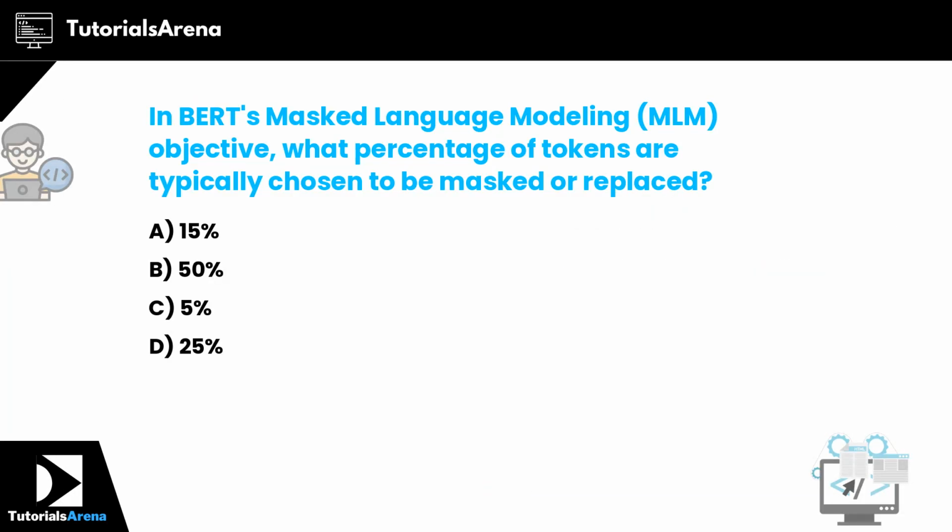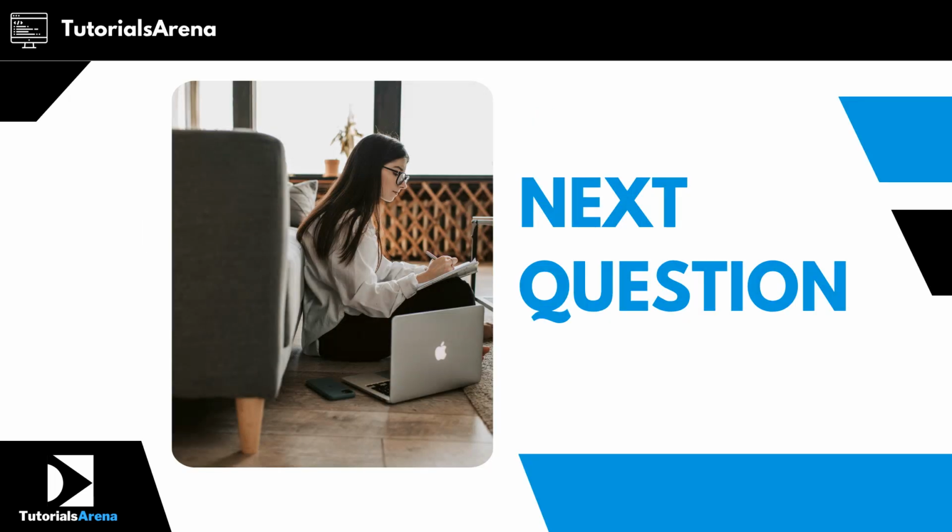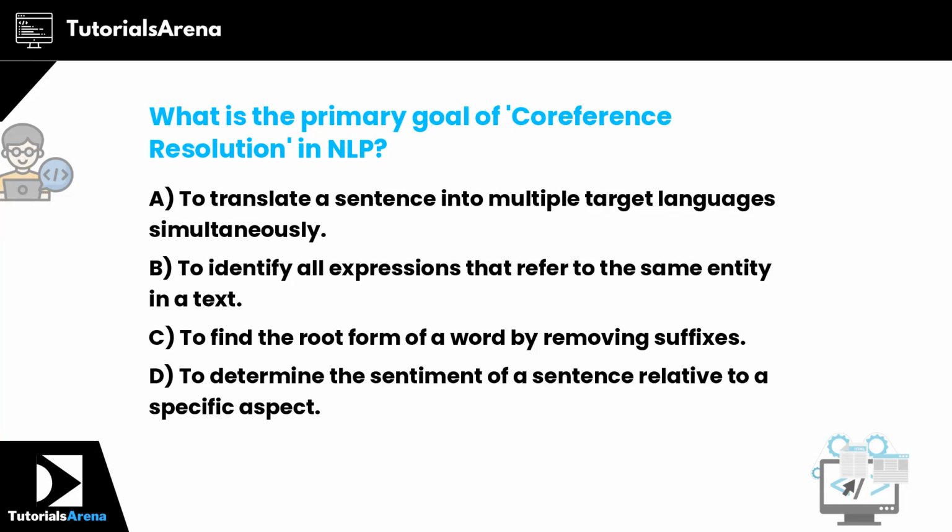In BERT's masked language modeling (MLM) objective, what percentage of tokens are typically chosen to be masked or replaced? The correct answer is option A, 15%. What is the primary goal of coreference resolution in NLP?